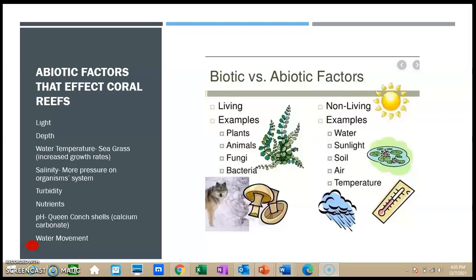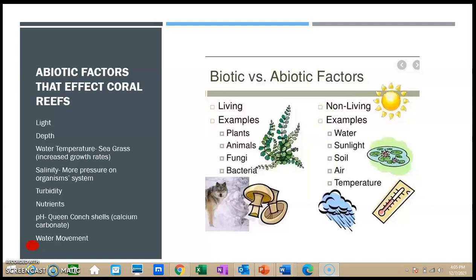Alright, turbidity is the measure of clarity of the water. When there's particles in the water, this inhibits light from penetrating through the water column, and turbidity can be caused by phytoplankton, sediment runoff, pollution, etc. So if there's too much sunlight, the phytoplankton can grow a lot, and this would make the water less clear.